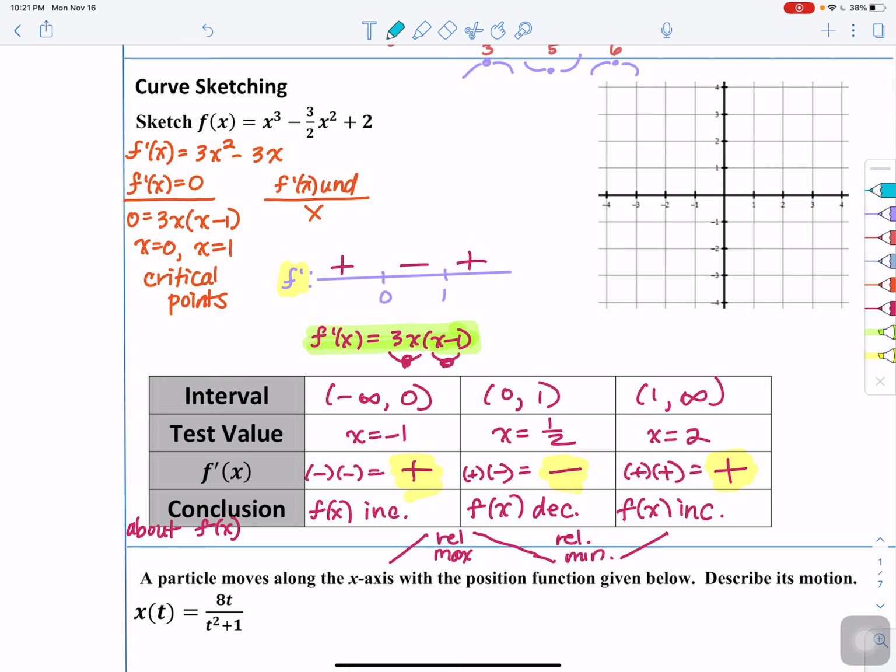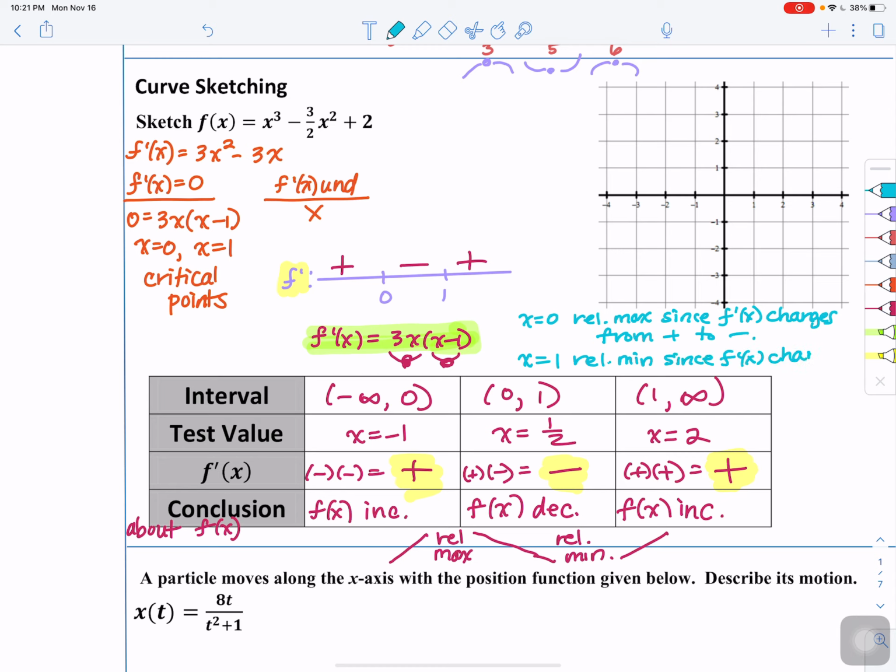I'm going to say that x equal to 0 is a relative max since f prime of x changes from positive to negative. x equal to 1 is a relative min since f prime of x changes from negative to positive.